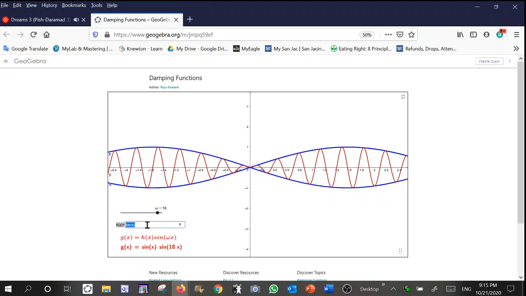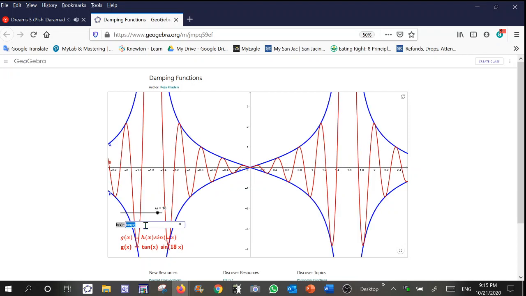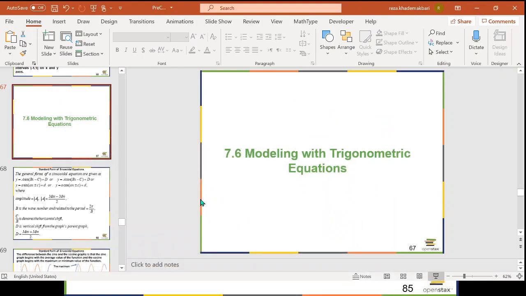Let's see if it works with tangent. Yeah, here we go. So sine is oscillating within two tangent functions. Again, as I said, the best way to deal with this is using calculus.